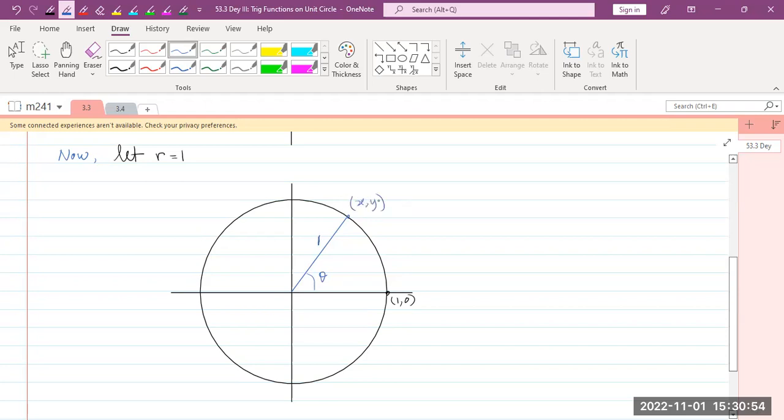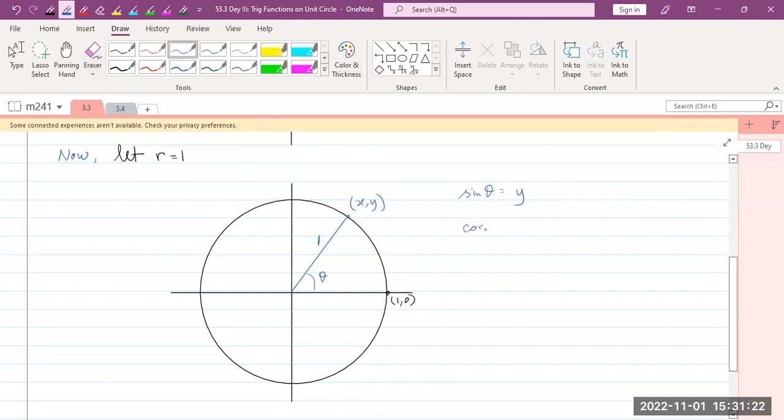Using the definition we have earlier, sine theta equals y over r, but our radius now is 1, so sine theta is basically just y. Notice that this is only true if the radius is 1. So sine theta equals y.